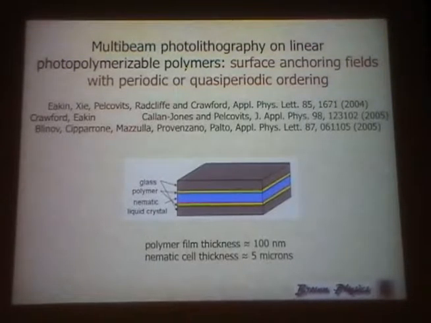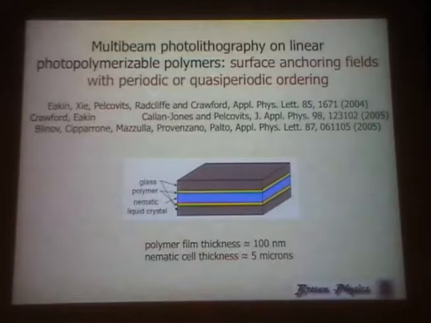So basically, what we're looking at is Greg's idea of using multi-beam photolithography on linear photopolymerizable polymers. On Tuesday, you were hearing about how you can use light to pattern surfaces in a nematic cell. So there's a nematic cell sandwiched between glass, and then you have polymer coatings on the glass substrates.